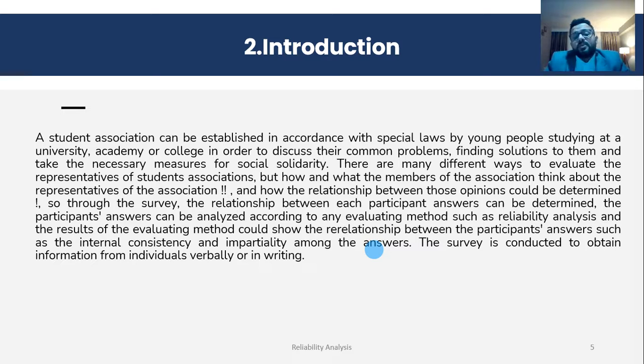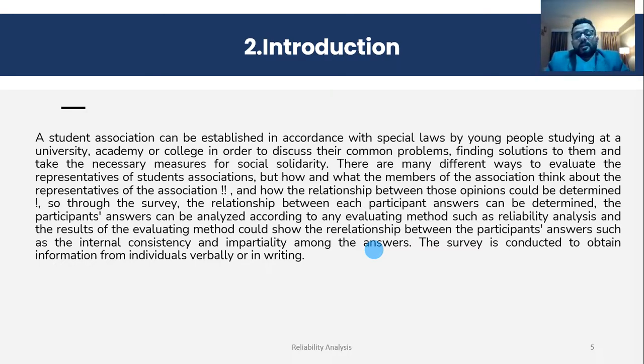Through the survey, the relationship between each participant's answers can be determined. The participants' answers can be analyzed according to an evaluating method, such as reliability analysis, and the results could show the relationship between the answers, such as the internal consistency and impartiality among them.